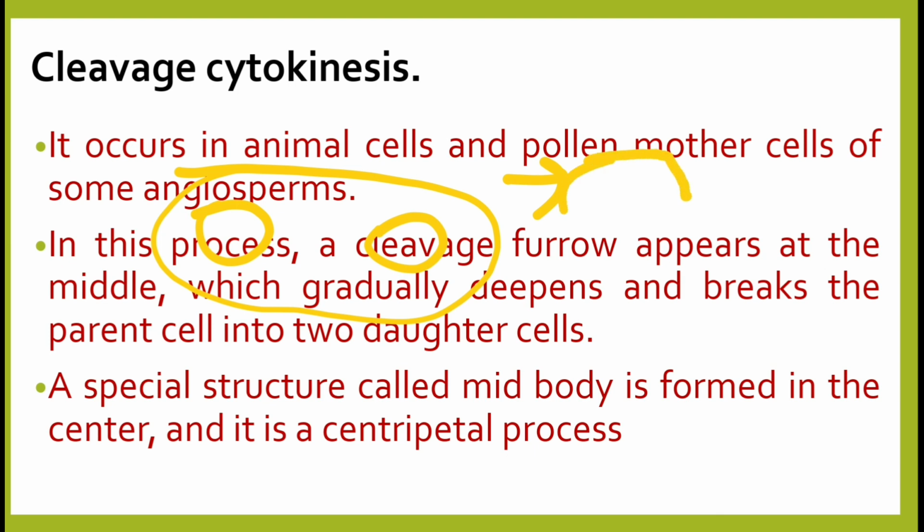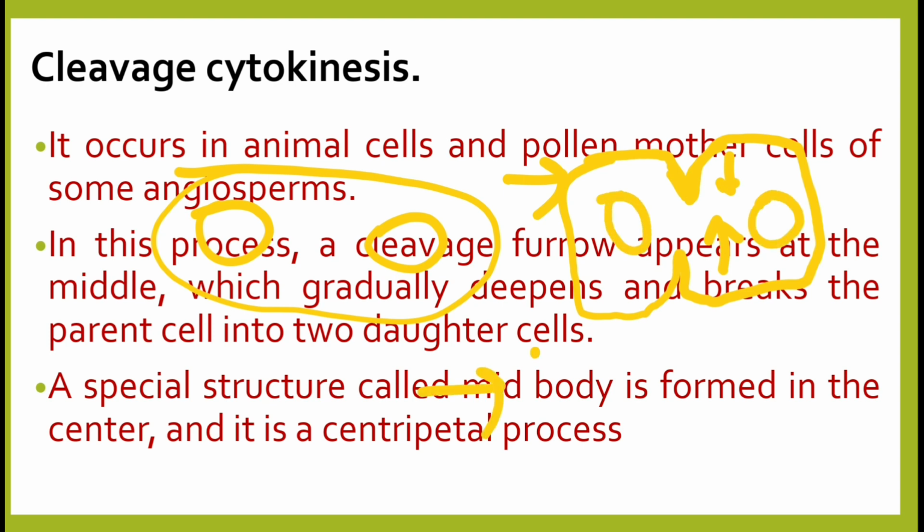In the middle, an ingrowth appears and gradually deepens, finally cutting the cell into two separate cells. So this is the cell cleavage or cell furrowing method.